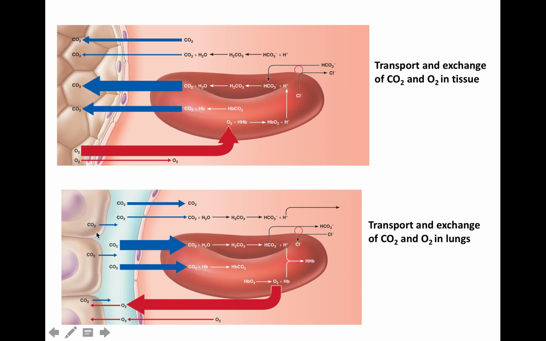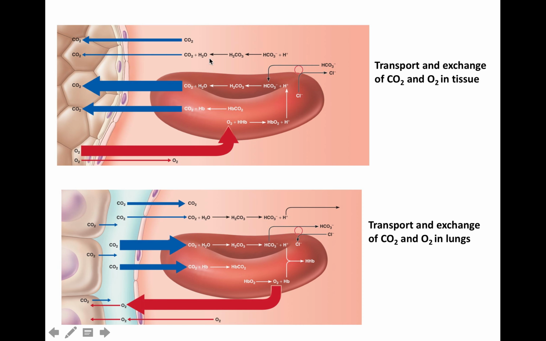Again, these two pictures should not be something new to you. At the bottom, we have CO2 coming from your tissue, going into your red blood cells. CO2 combining with water becomes carbonic acid, and carbonic acid gets broken down to bicarbonate and hydrogen.